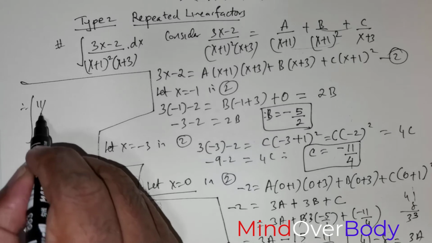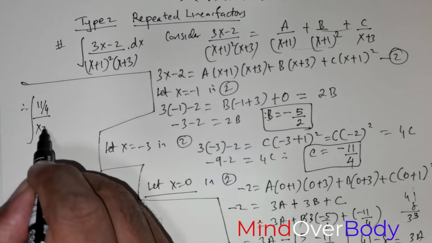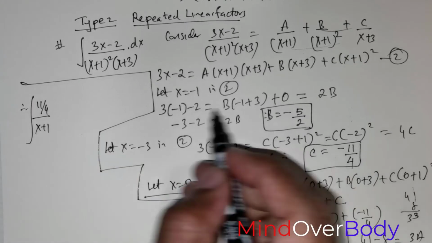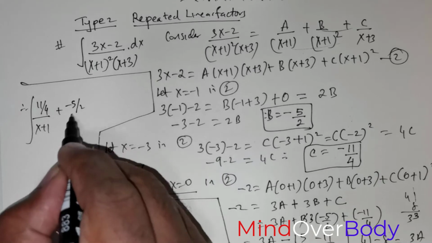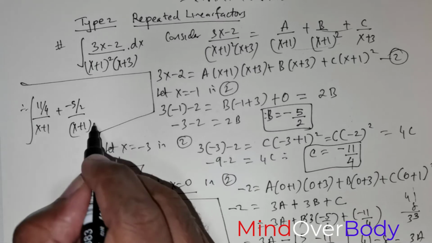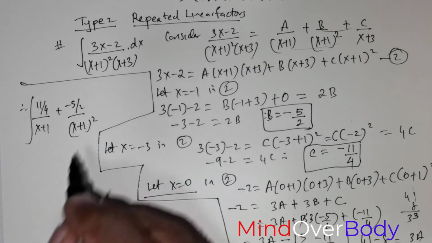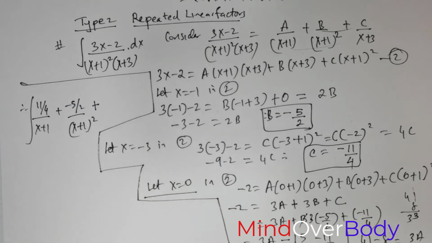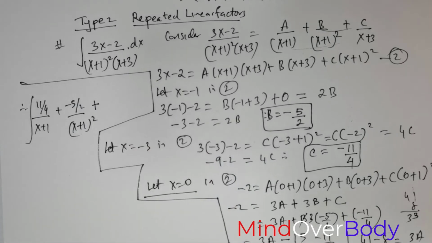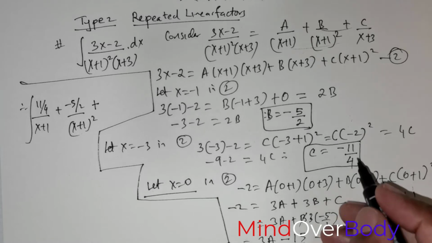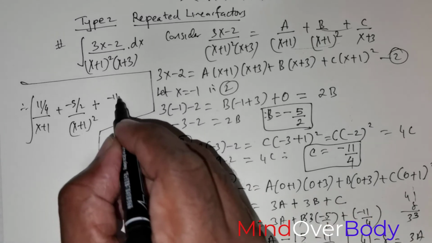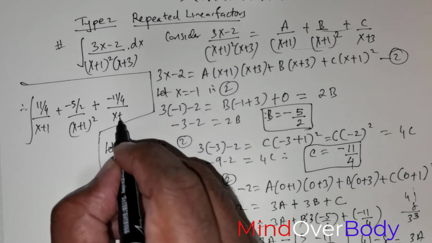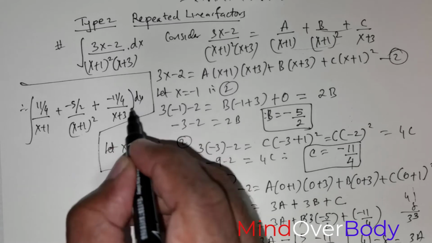So A is 11 over 4 divided by x plus 1, and my value of B is negative 5 over 2 divided by x plus 1 raised to the power of 2, and the value of C is negative 11 over 4. So negative 11 over 4 divided by x plus 3 times dx.